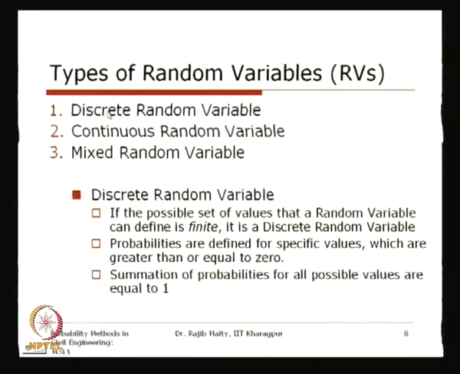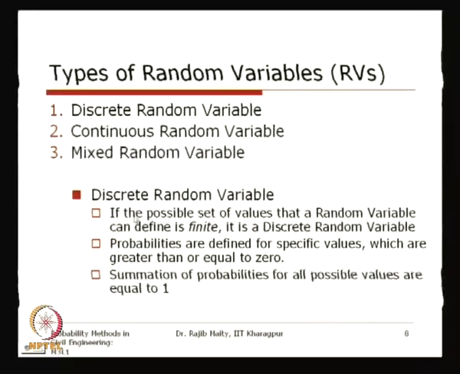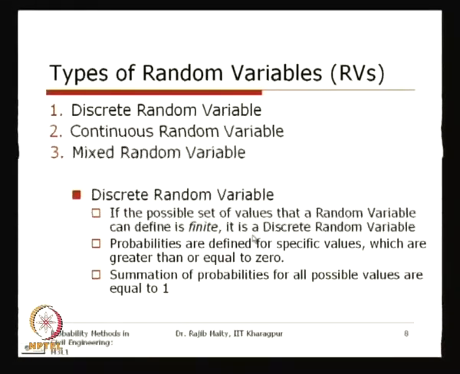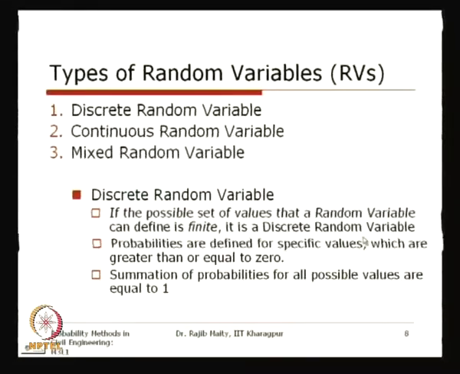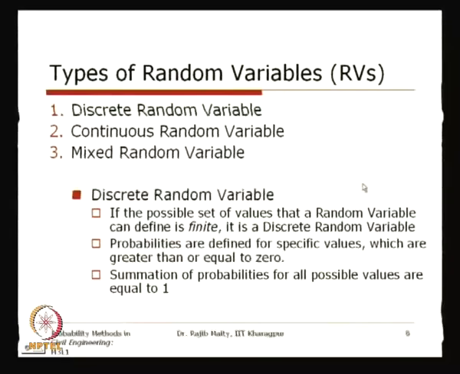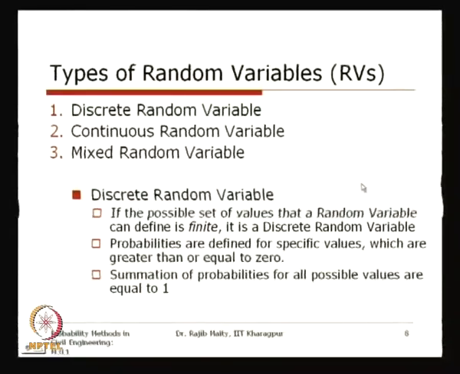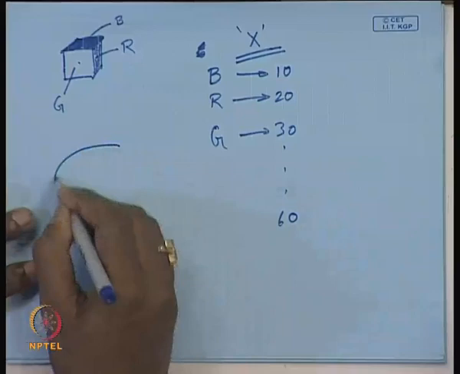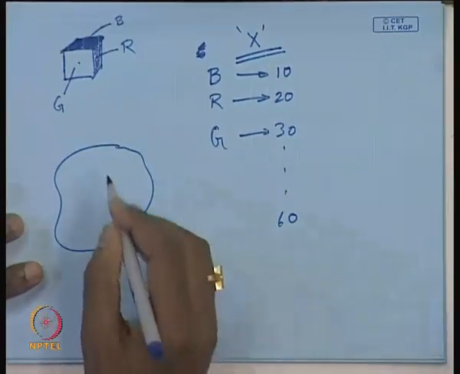We will discuss these different types of random variables one after another now. First, we take the discrete random variable. If the possible set of values that a random variable can define is finite, it is a discrete random variable. Suppose that this is my sample space.